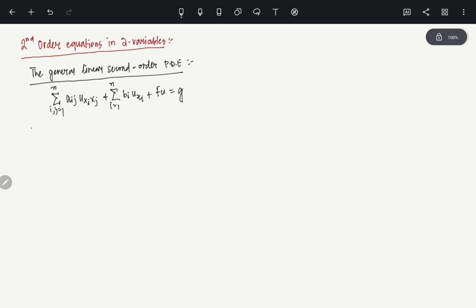Now here there are some assumptions. The a_ij, you can think of as a matrix, and this matrix is a symmetric matrix, so a_ij equals a_ji. This is what we are going to assume. We also assume that a_ij for all i, j, b_i, f, g are all real valued smooth functions.